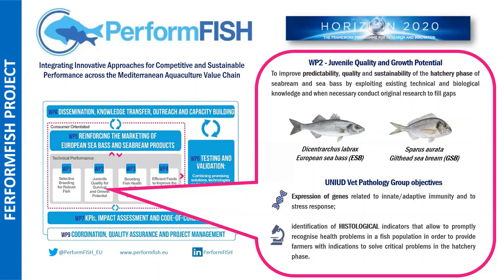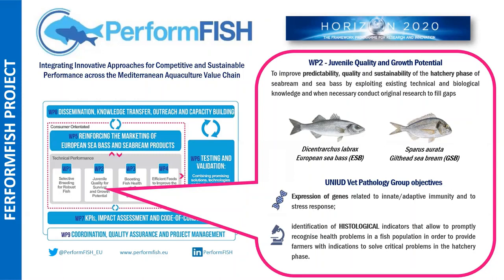Probably you know that the Perforfish project had a focus on increasing the sustainability and the competitiveness of Mediterranean gilthead sea bream and European sea bass farming, a sector that has remained stagnant in the last years. The project included 9 work packages with different specific objectives.